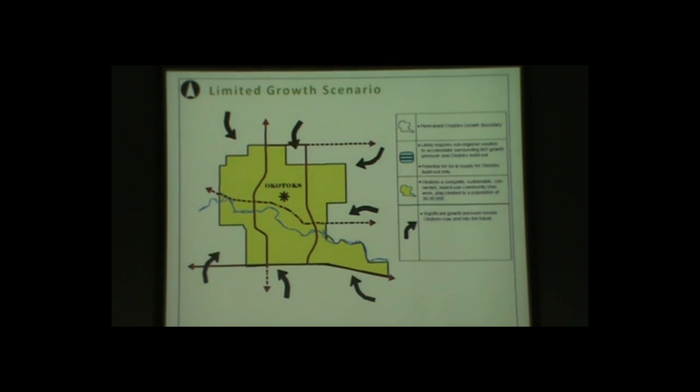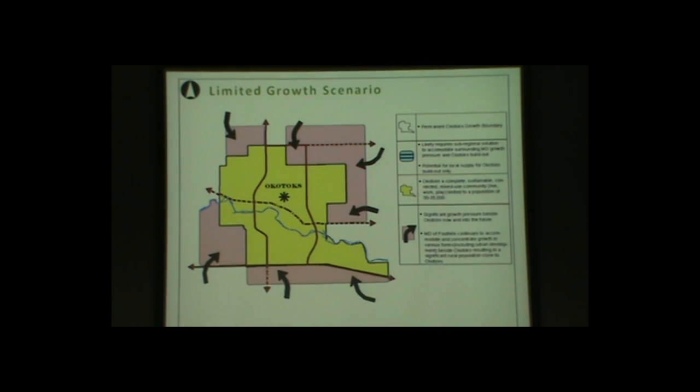This slide represents what we see as the growth pressure that is going to occur over the next number of years based on recent experience and also the MD's desire to grow closer to Okotoks and also at higher densities. We believe that pressure would be significant, as it is now, into the future as well.